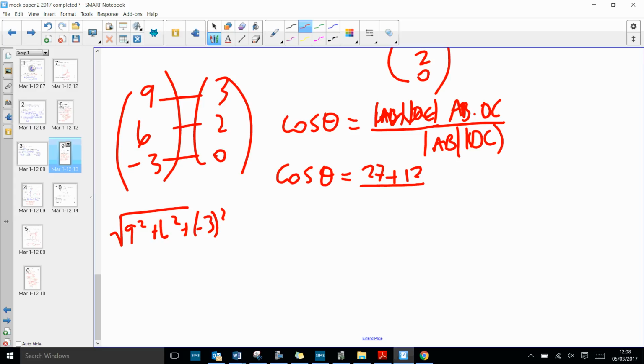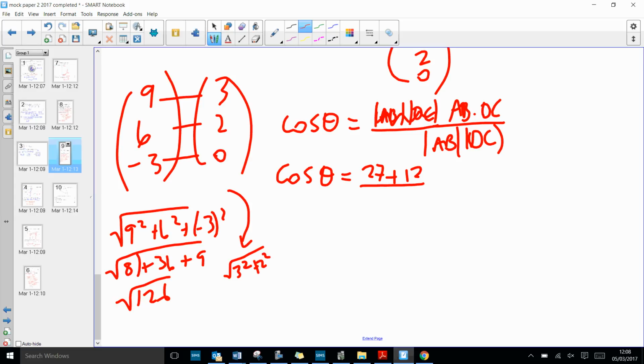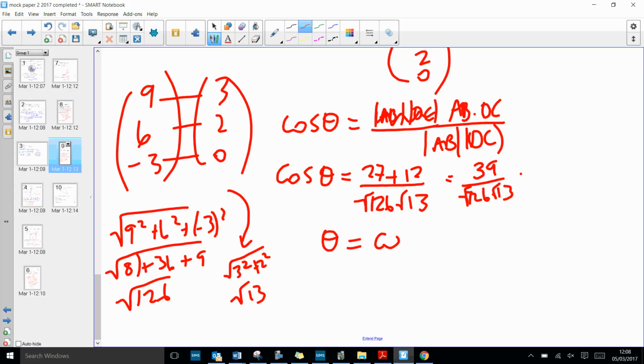So 81 plus 36 plus 9 is 126. And for OC, it would be 3 squared plus 2 squared, so it's 9 plus 4, so it's root 13. So 39 over root 126 root 13. So theta is cos to the minus 1 of the answer.